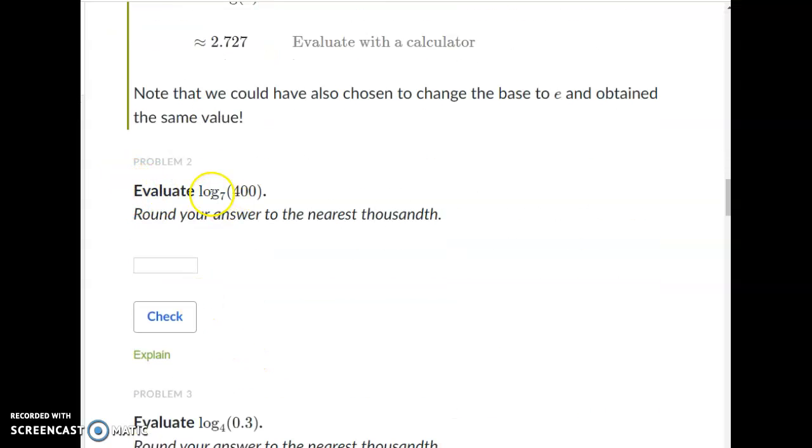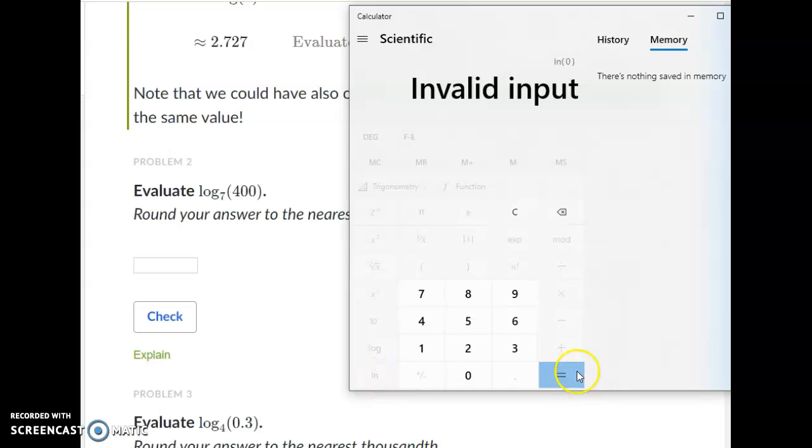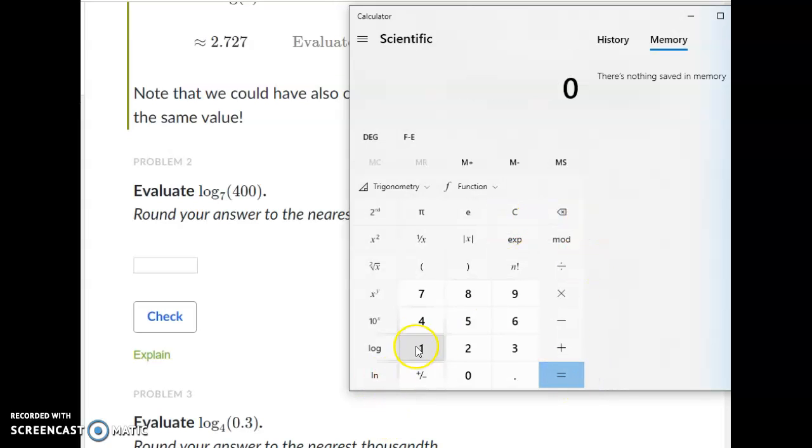Why don't we try the log base 7 of 400 once again with our calculator. This time I'll use a natural log. So I'm going to do the natural log of 400. My calculator requires me to type the 400 first. Yours probably won't. I'm going to divide by the natural log of 7.